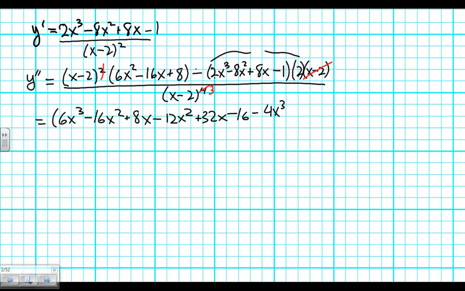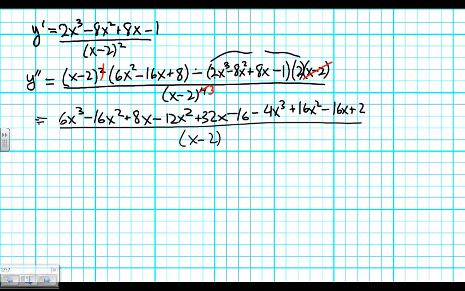So everything's going to be doubled here, and we're going to have a negative. So negative 4x cubed plus 16x squared minus 16x plus 2. And I no longer need that parenthesis, so get rid of that. And then all of this, of course, is still over that.